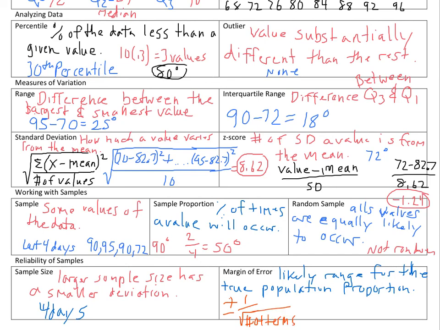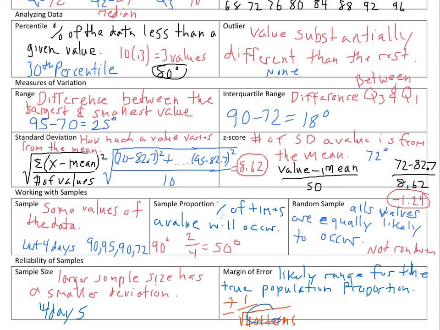In this particular problem, how many terms do we have? We have 4 terms. So we would put 4 right here.